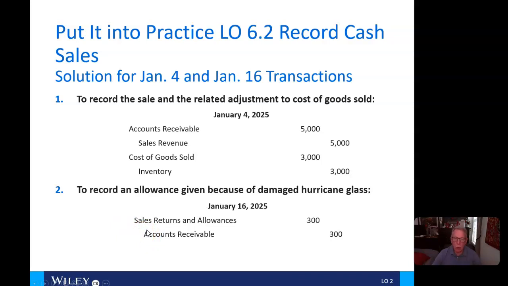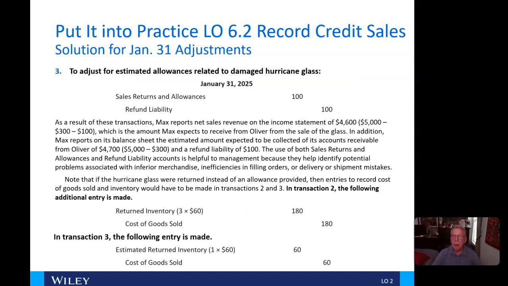Because of that, you will notice that nothing has affected inventory here because that was bad product that could not be resold. And then to adjust for estimated allowances, again, we'll hit sales returns and allowances and refund liability here.